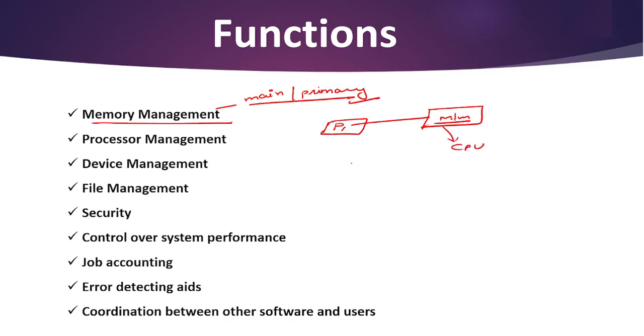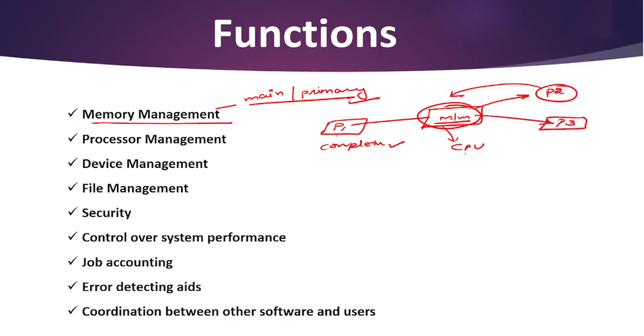Whenever the program is completed, let's say my program 1 is done, the main memory region is released, and it can automatically be used by other programs. When process 2 is completed, this memory is allocated to another process in the queue. Therefore there can be more than one program present at a time, and hence it is required to manage the memory.